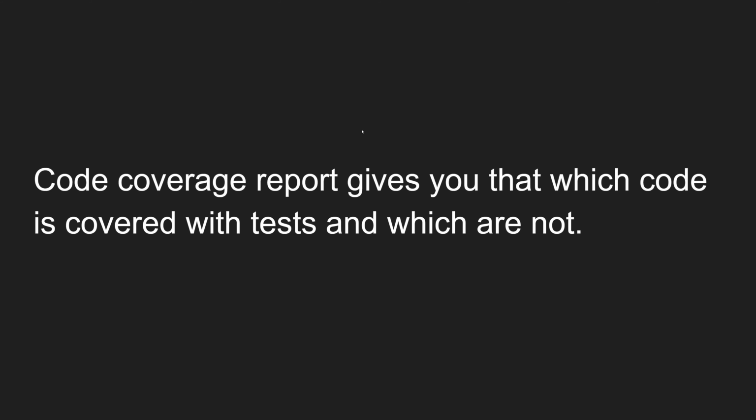Here the code coverage will be only 50%. If the test cases run through all 50 lines of code, then your code coverage will be 100%. So code coverage is nothing but how much of the code the test cases cover.